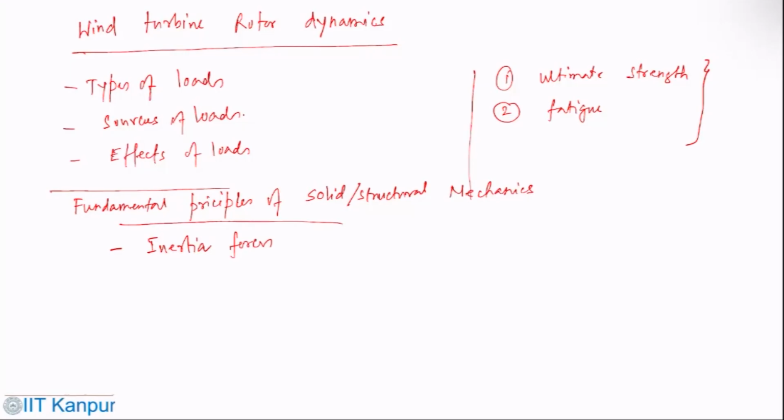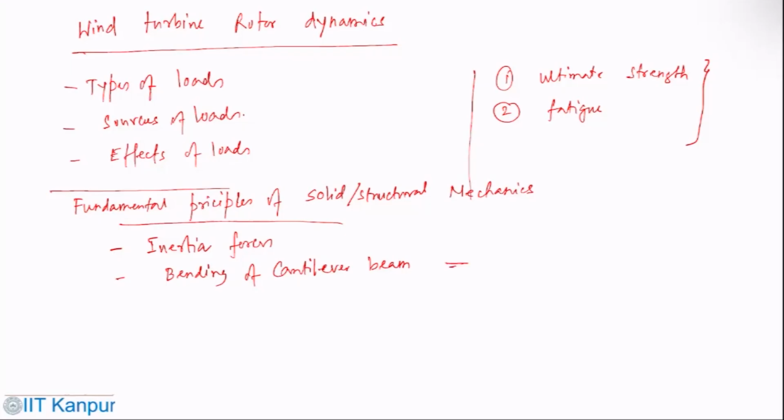Then, due to the rotation, we have bending of a cantilever beam. So we looked at the beam bending equation. These are coming from typical strength of materials analysis.